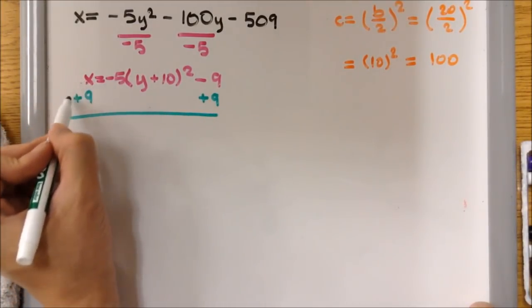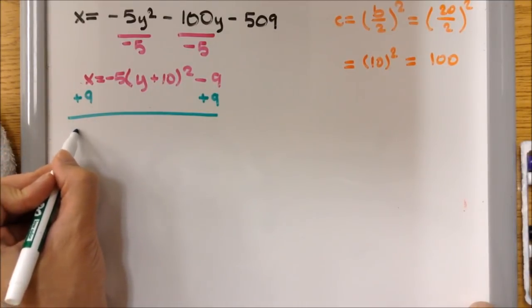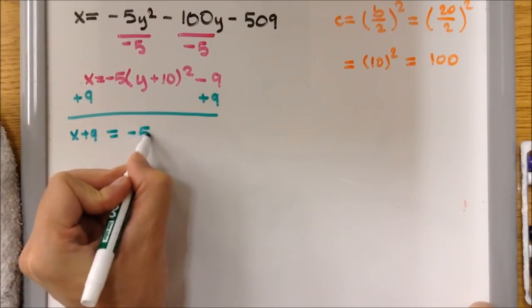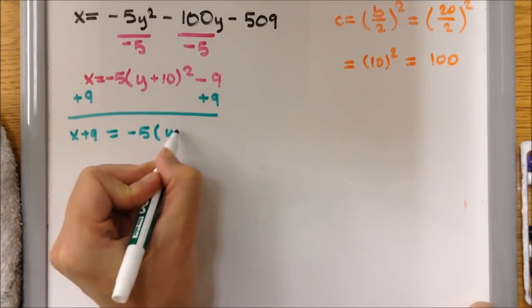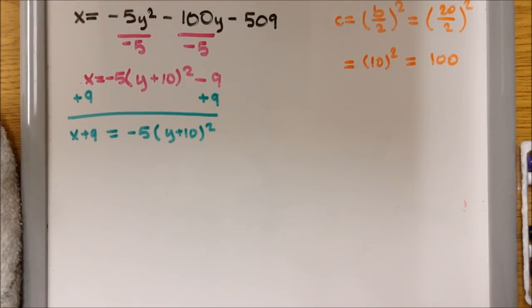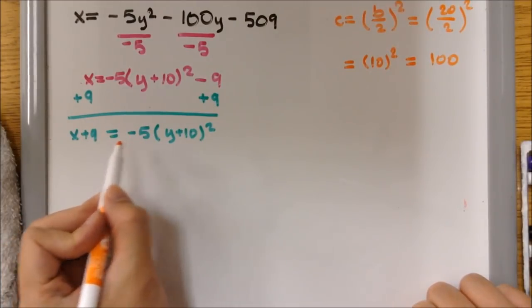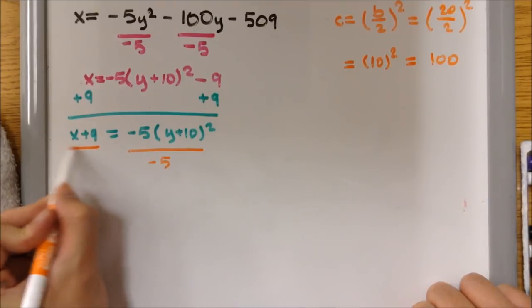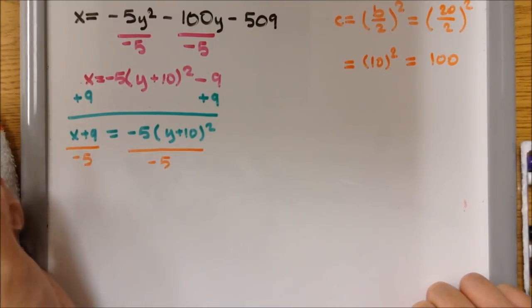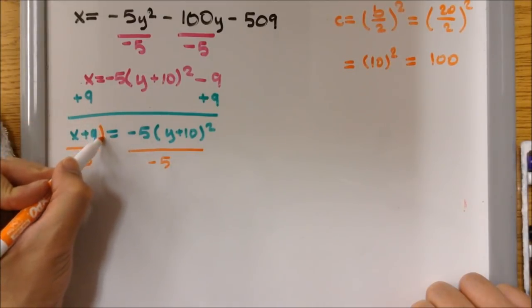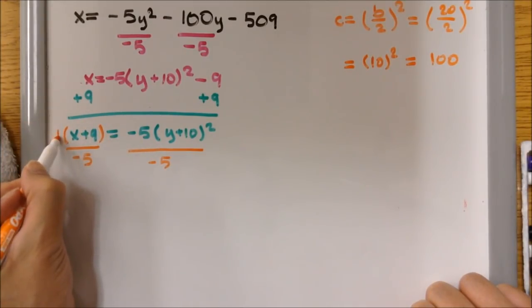So on the left, x plus 9 will be just x plus 9, equal -5 parenthesis y plus 10 squared. And then after that, to get rid of this -5, I'm going to divide by -5 on both sides. Now since it has x plus 9 on this side in the numerator, I'm going to put it in parentheses and put an invisible 1.